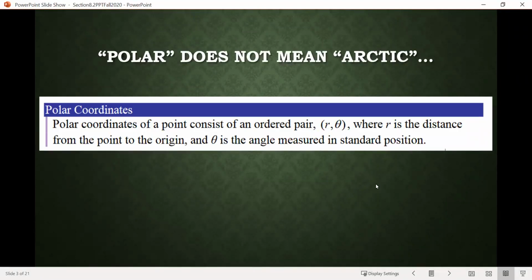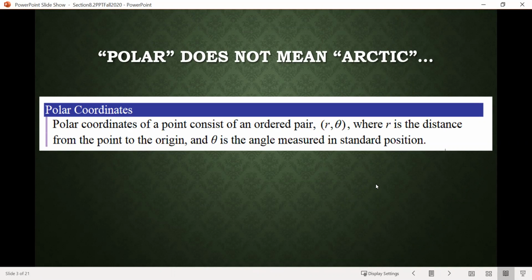So polar coordinates are a different way of plotting points in a coordinate plane. Now, up to this point, probably most of the graphing that you have done or plotting of points has been in what is called the Cartesian coordinate system. And usually that consists of x and y's, but not always.